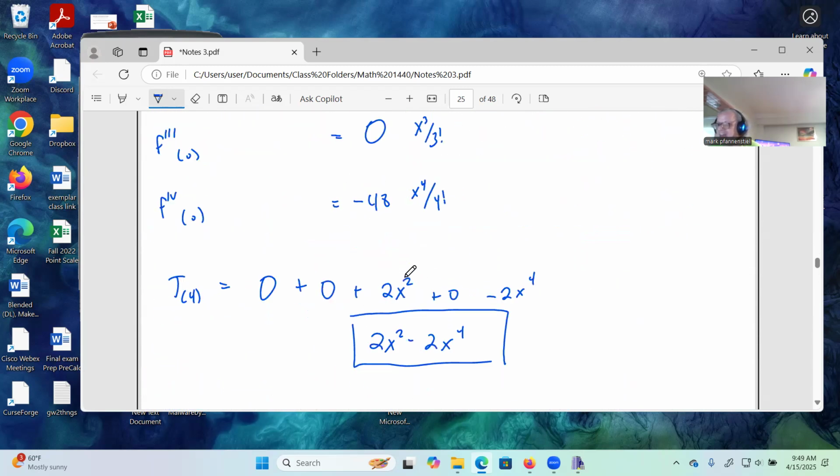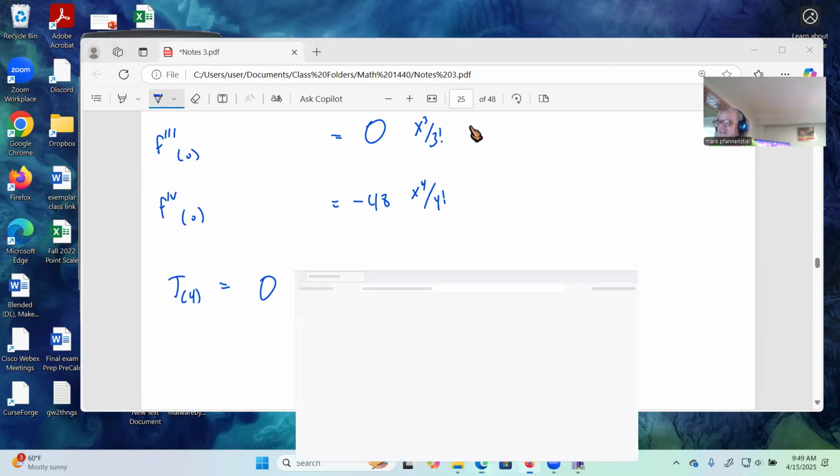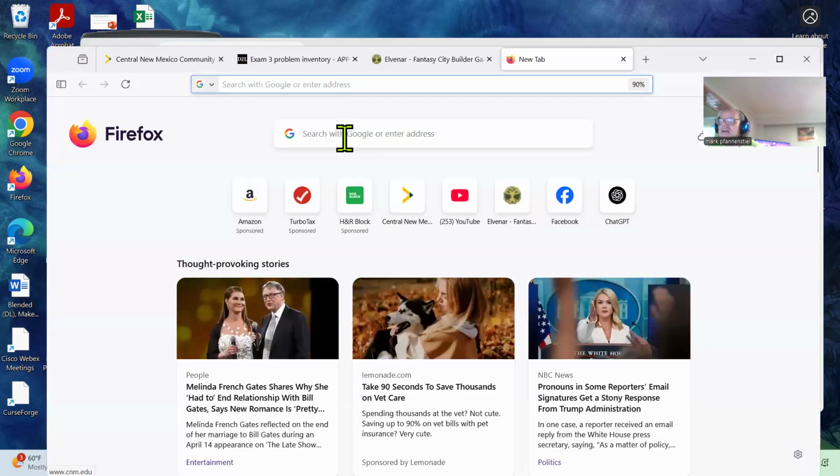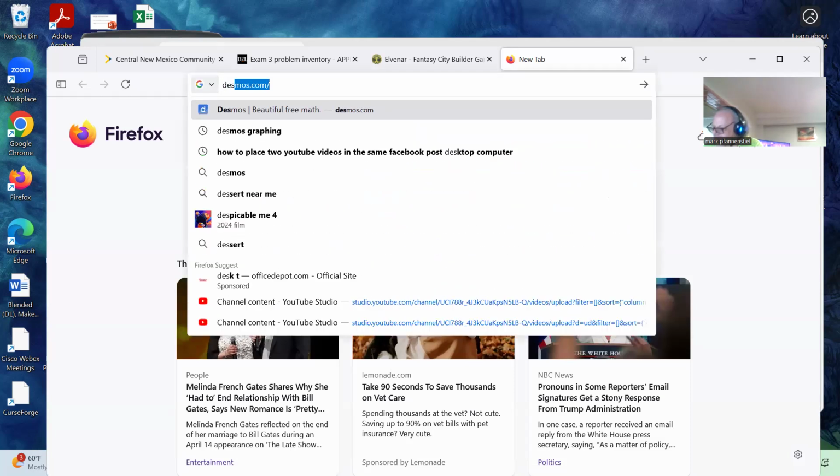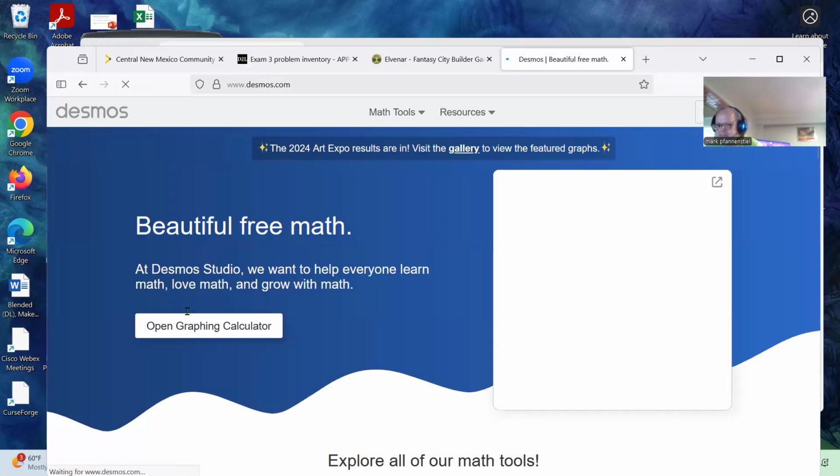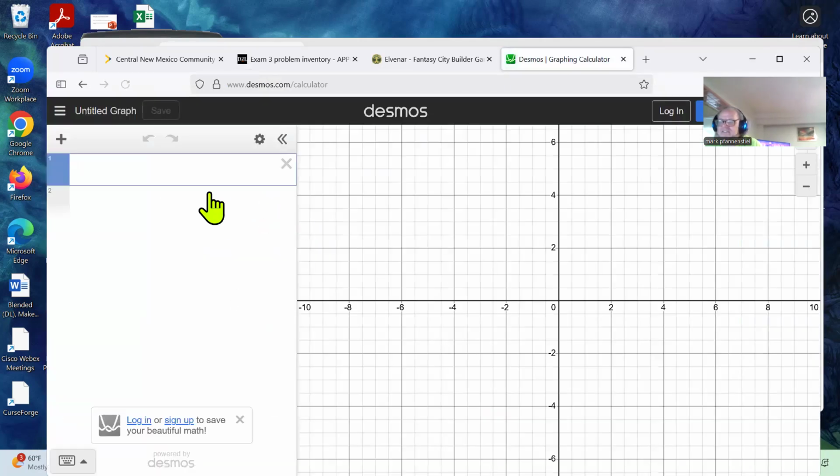Okay, let me go ahead and type this into a graph so we can approximate and see what's going on here. So let's go ahead and do this. Let's look at Desmos. Here we go. We don't really need to do this, but I always like to check to see what's going on.